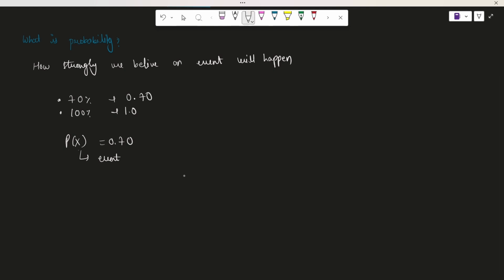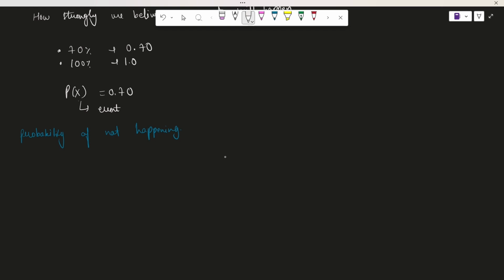So what will be the probability of it not happening? If an event has a probability of 0.70, then the probability of it not happening is 1 minus its probability. So we write P of not that event, and we represent it as 1 minus 0.70, which gives us 0.30.